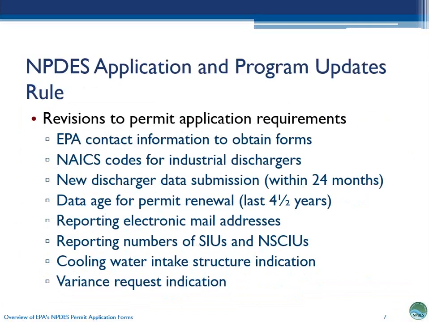Requirements for new POTWs to provide effluent data within 24 months after commencement of their discharge, and allowance for non-POTW dischargers to provide data from the past 4.5 years to satisfy effluent data requirements, addition of email address to previously required contact information, requirements for POTWs to report numbers of significant industrial users, or SIUs, and non-significant categorical industrial users, or NSCIUs, and requirements for applicants to indicate whether they have a cooling water intake structure or if they are requesting a variance.